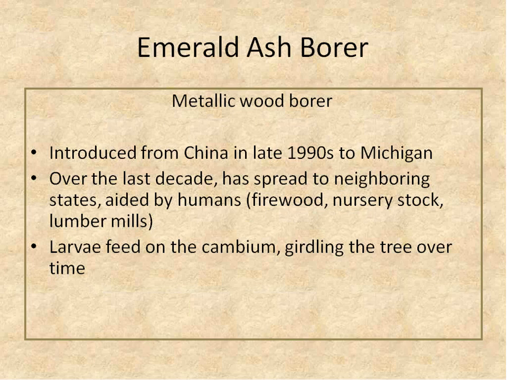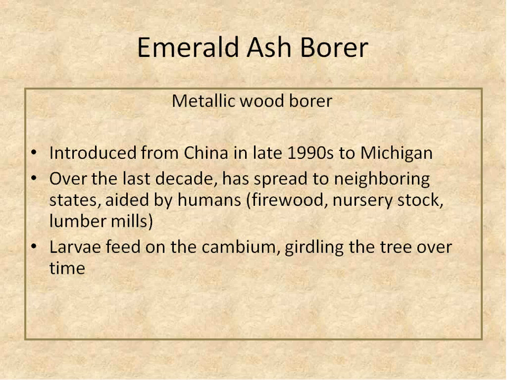And in the last decade since we've found it, it's spread to quite a few different states. It spreads locally, mostly through the movement of firewood and nursery stock and raw timber destined for processing at lumber mills. And really the agent of death here is the larvae.